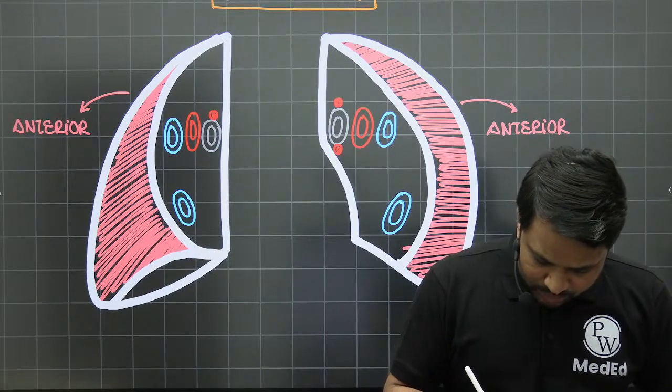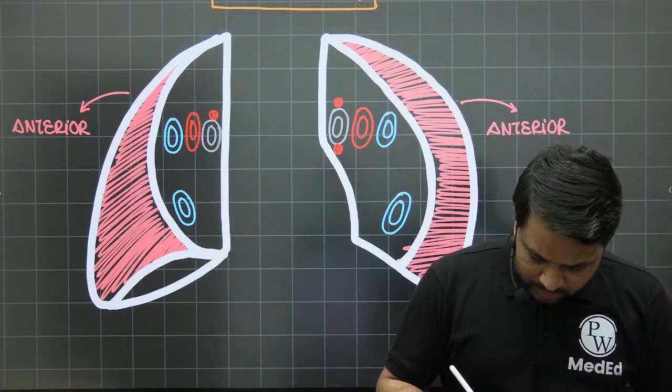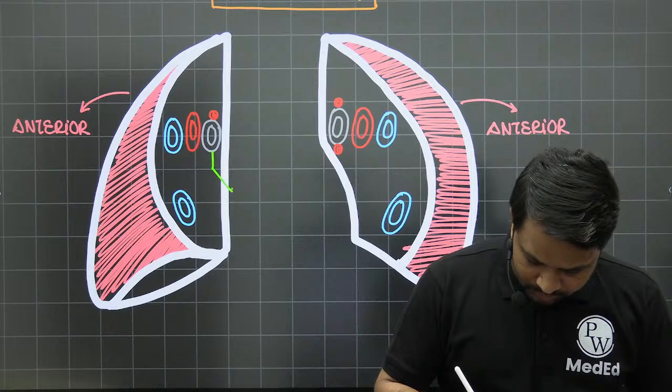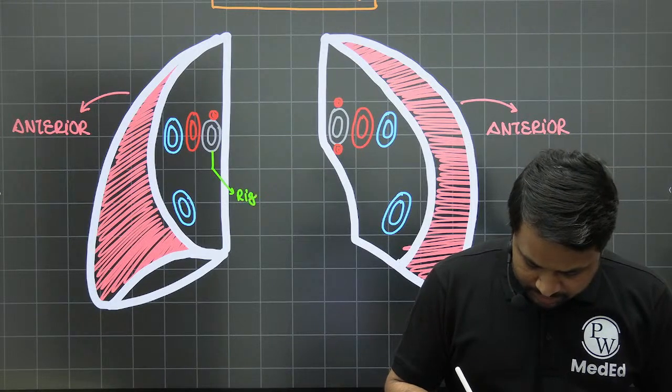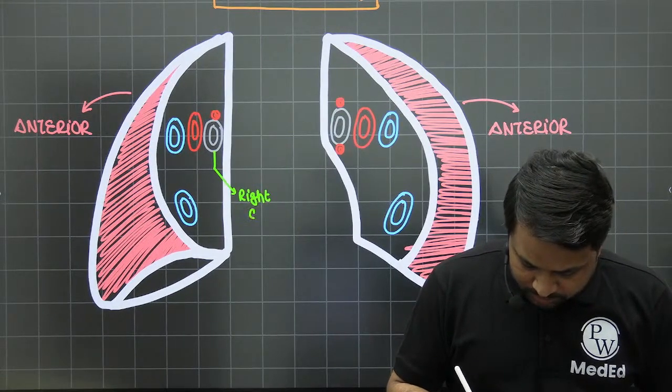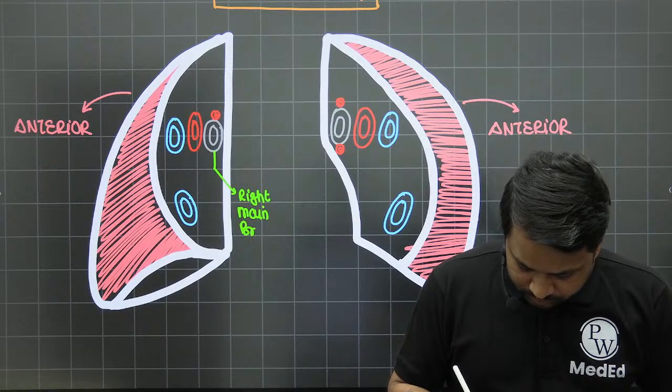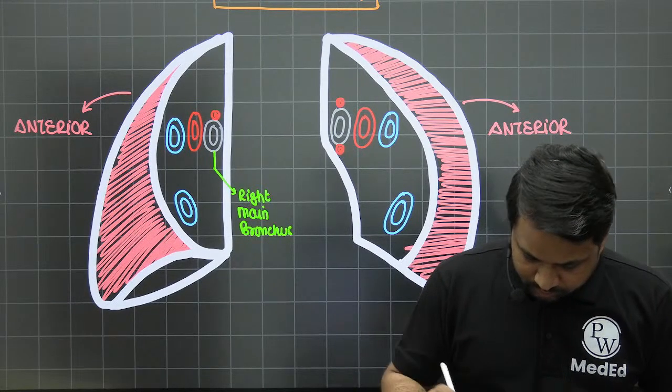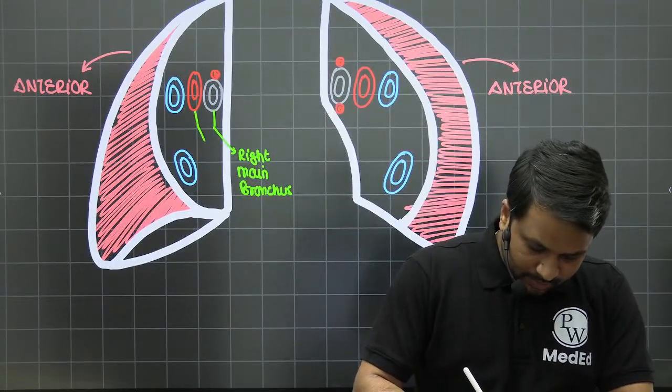this happens to be the right main bronchus. So we'll just tag it across here. This is the right main bronchus. This is the pulmonary artery.